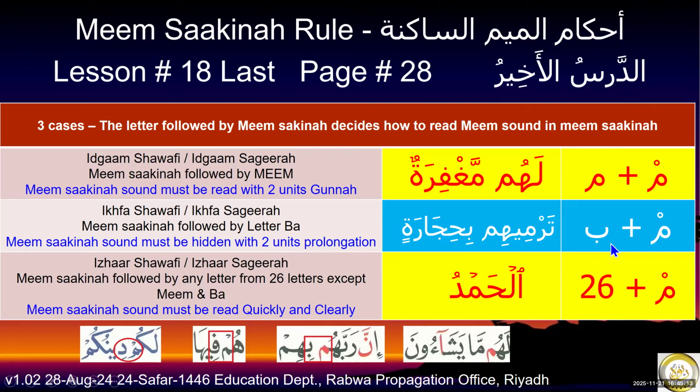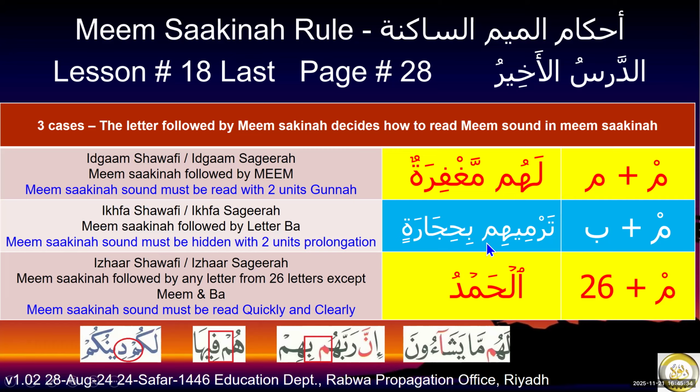Now, meem sakina followed by letter ba. That is, you have to hide the meem sound. How to hide the meem sound? If you join the lips together, then the meem sound comes out. If you don't join the lips together, then the meem sound will not come. So you come to here, then go to this point.